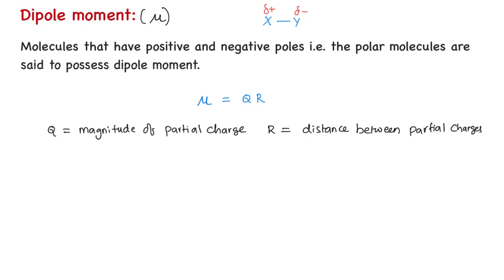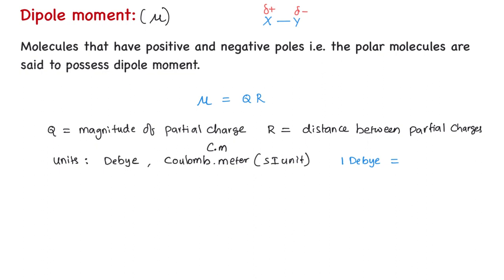The commonly used unit of dipole moment is the debye, and the SI unit of dipole moment is coulomb meter, and the conversion that converts debye into coulomb meters is 1 debye is equal to 3.336 times 10 to the negative 30 coulomb meter.